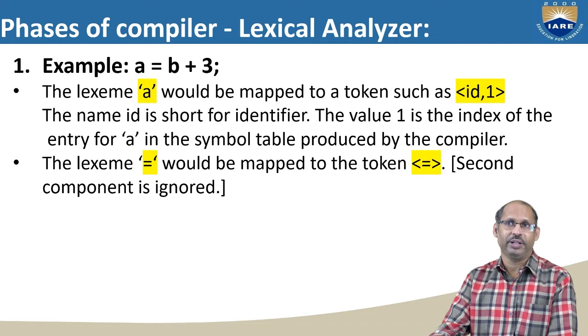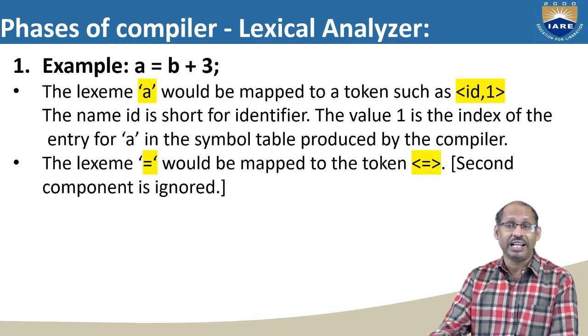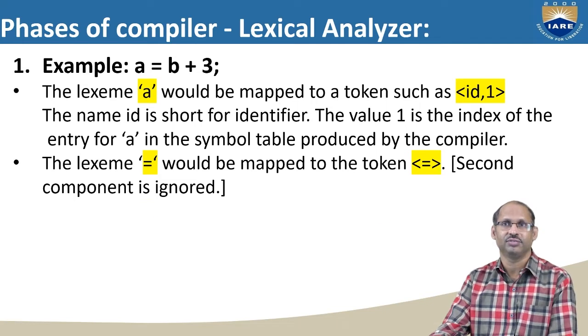It is an operator. Simply we represent it as operator. It will be stored in the operator table, right? That assignment operator, the lexeme assignment operator, is mapped to the token, the assignment operator, right?